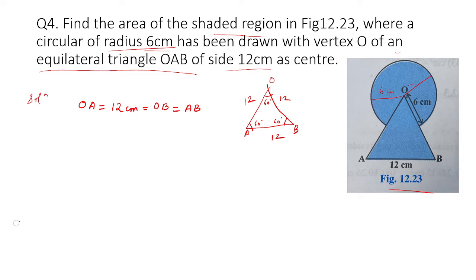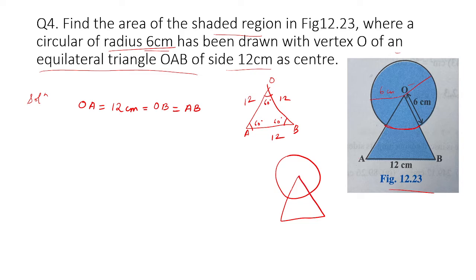So now, in order to find this, we have to find the area of a triangle, yes? And then subtract the area of a sector. We have to count the area of a triangle, then we need to find out the area of a sector.